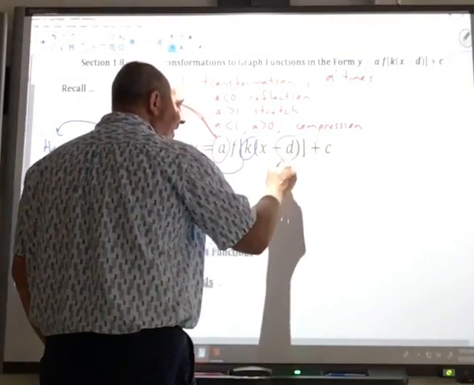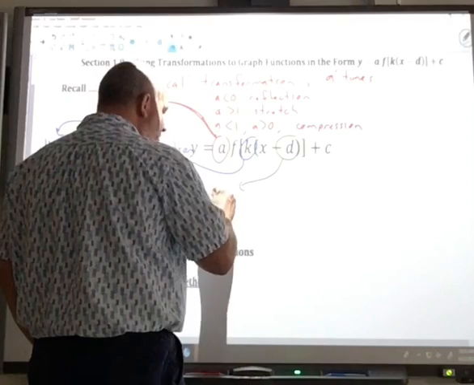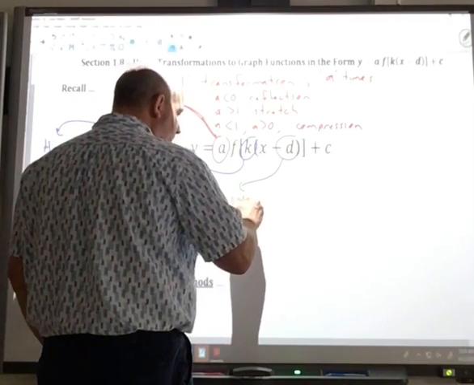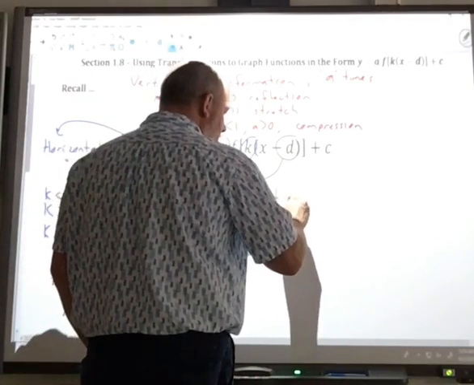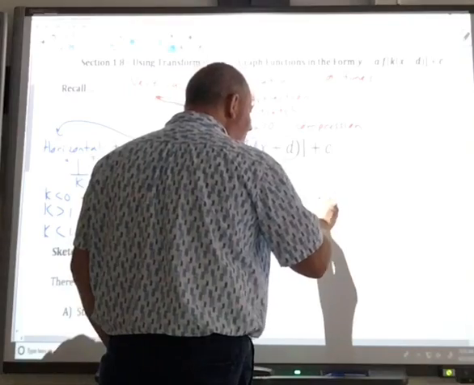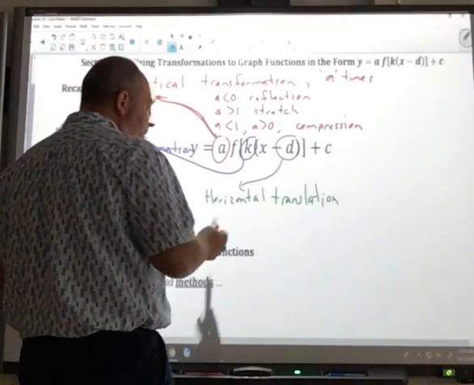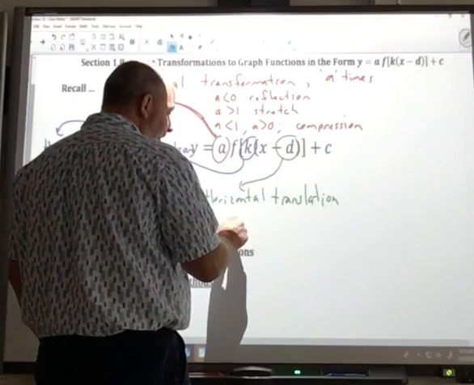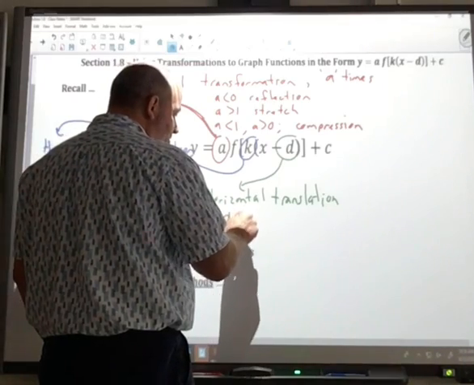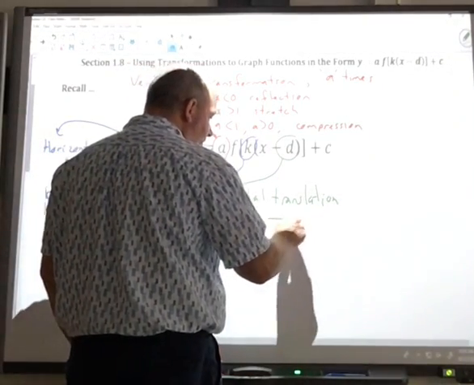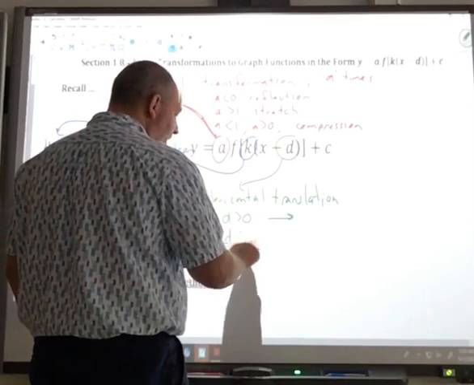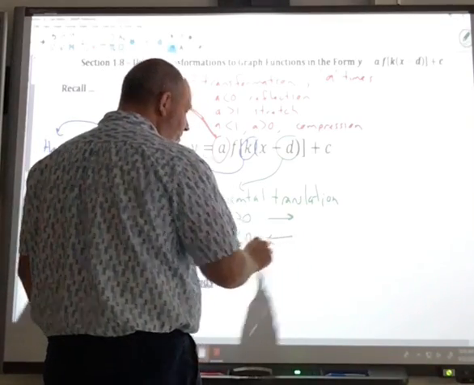D is also inside the function, so it's also horizontal, and that's a translation. Basically what happens is if D is greater than 0, it's going to move to the right. If D is less than 0, it's going to move to the left.